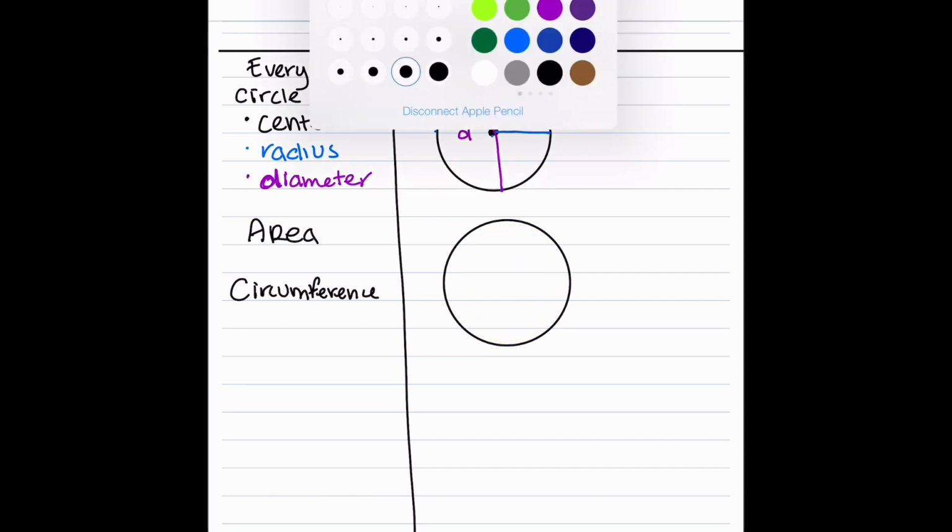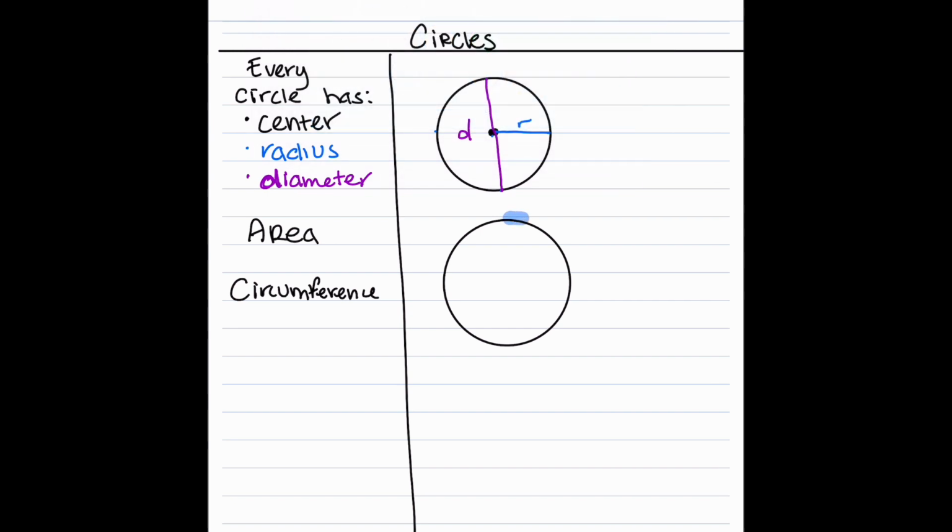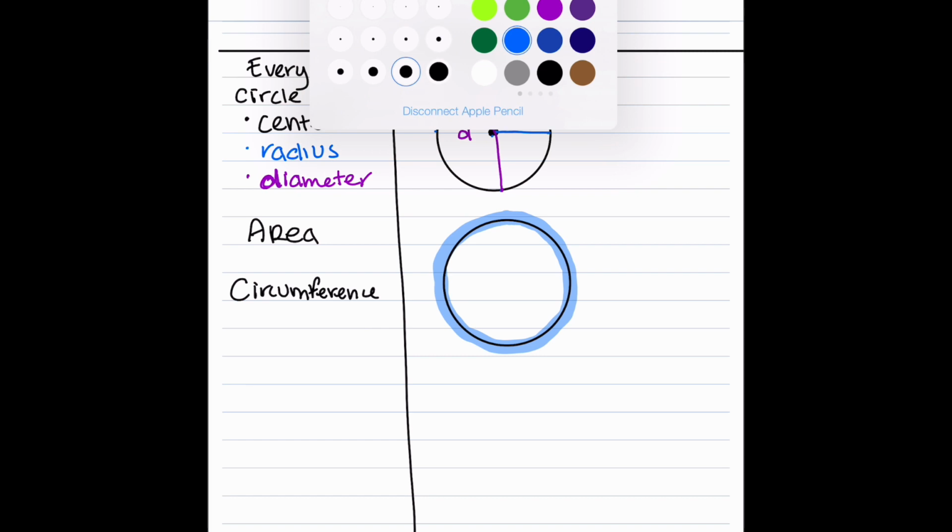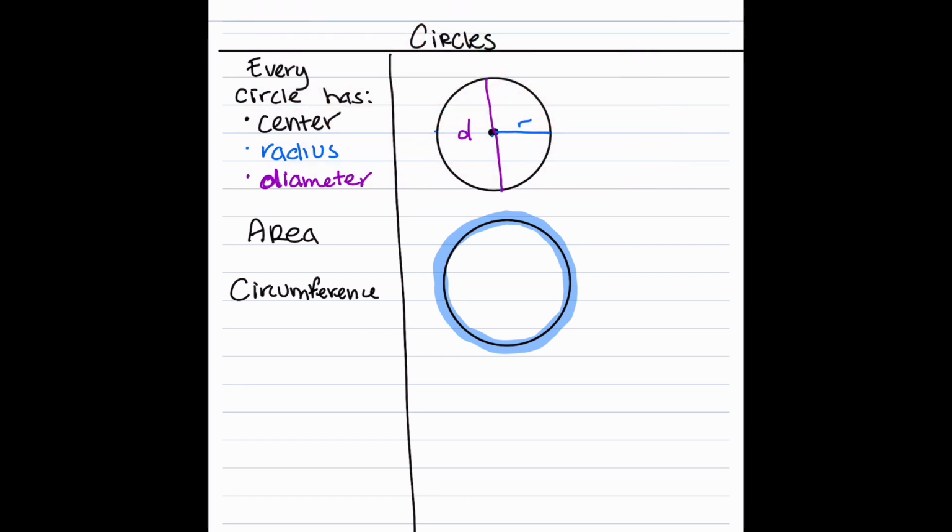So imagine we just trace the outside line of the circle. It's like this actual black line. That's the circumference. Think of a pizza. If you have a pizza in front of you, the crust will be the circumference, and the good cheesy pepperoni part would be the area. The inside's the area, the outside is the circumference.